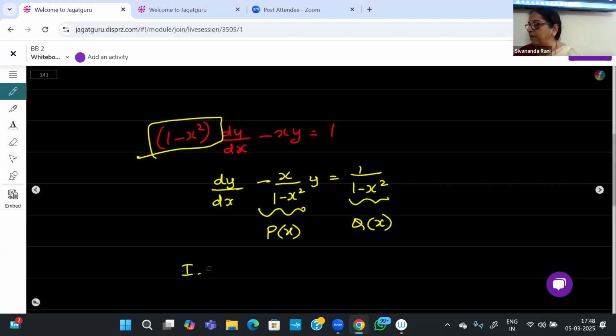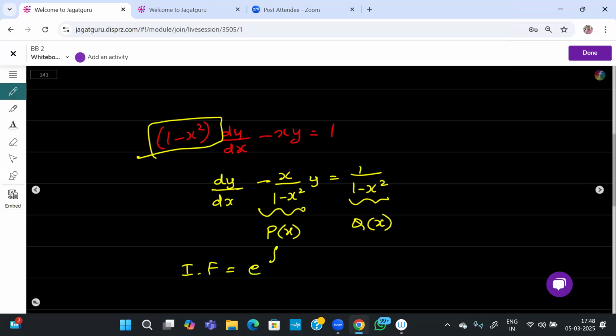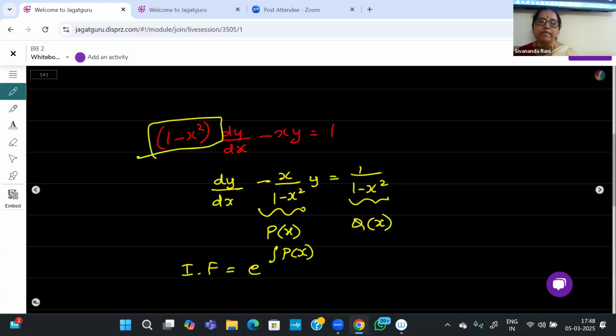So the integrating factor is given by, is it root? No, it's 1 minus x square. Yeah. So the integrating factor is given by, who remembers? E power integral of P of x dx.